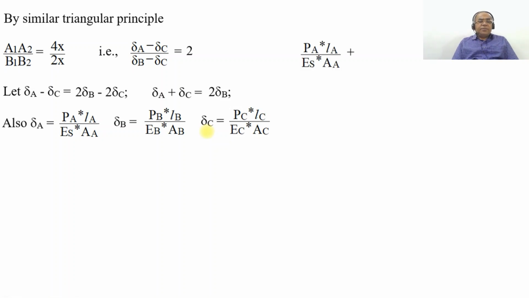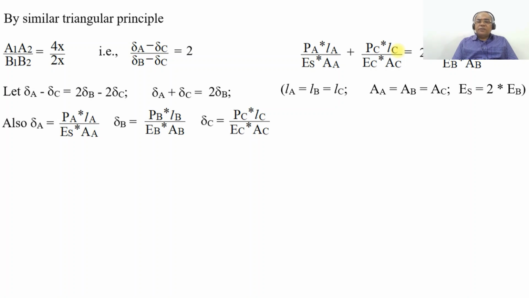So then what is that? PA into LA by ES into AA plus PC into LC by EC into AC. So that is what we are substituting these values here, which will be 2 times PB into LB by EB into AB. As we know that lengths of A, B, C are equal and areas of cross section of A, B, C are equal, and ES is equal to 2 times EB.